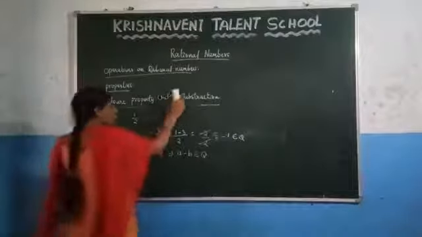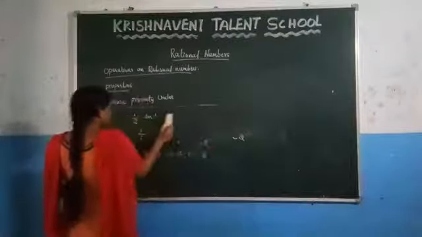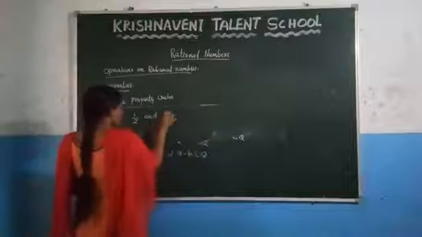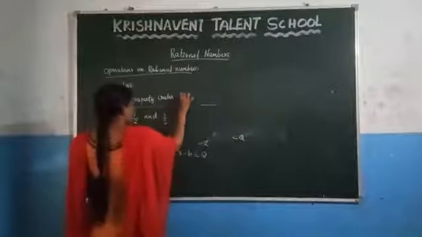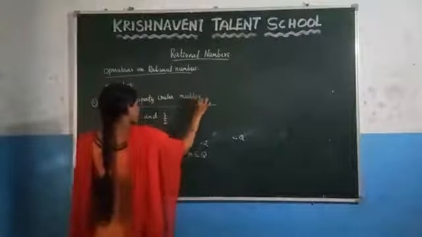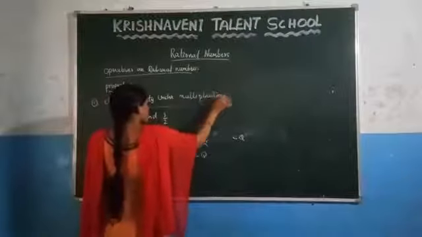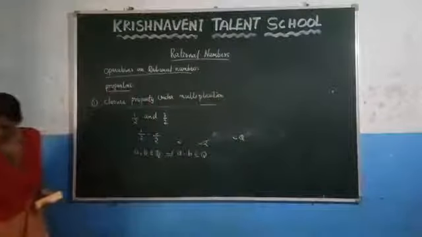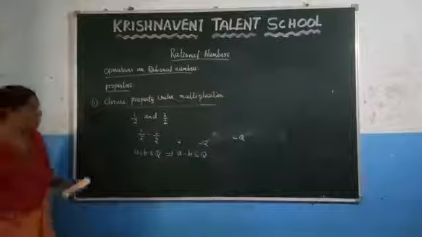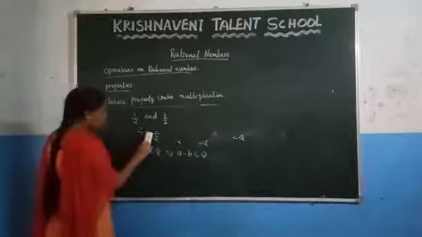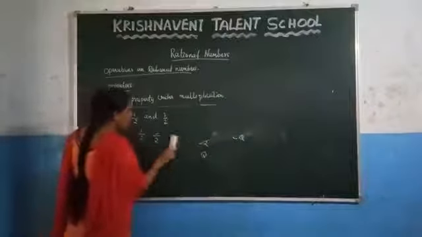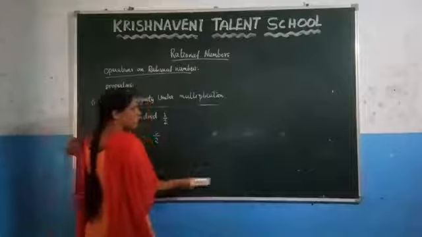Now see under multiplication. Here it states that if you multiply any two rational numbers, you have to get a result that is also a rational number.